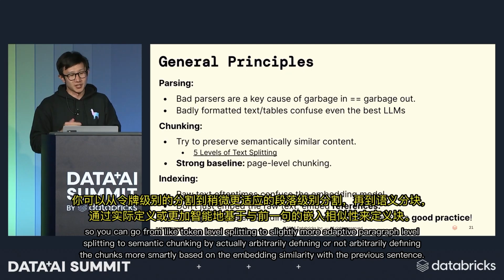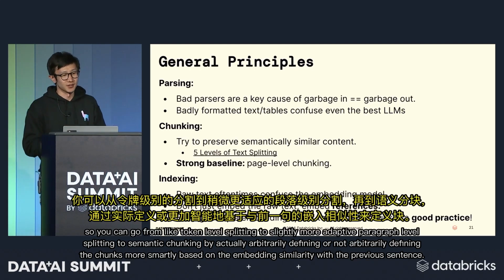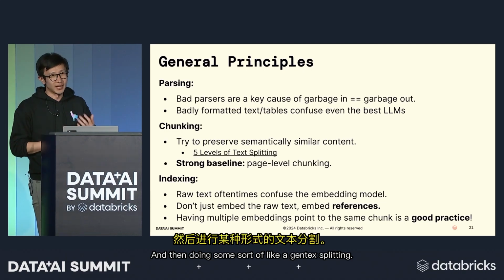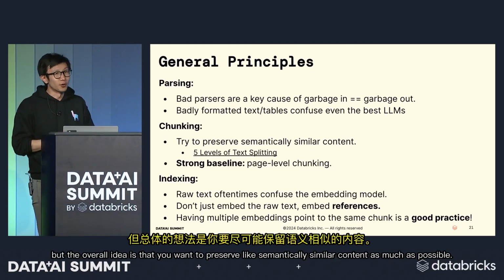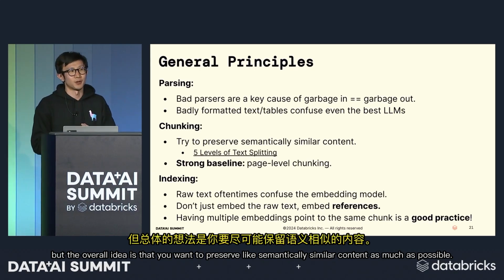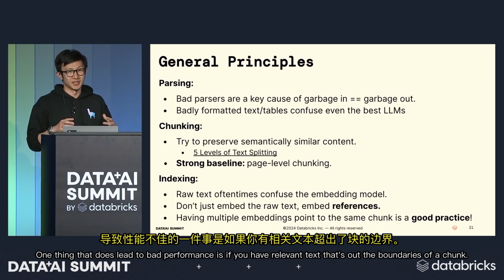You can go from token level splitting to slightly more adaptive paragraph level splitting to semantic chunking, by defining the chunks more smartly based on the embedding similarity with the previous sentence, and then doing some sort of agentic splitting. These are all general techniques, but the overall idea is that you want to preserve semantically similar content as much as possible.